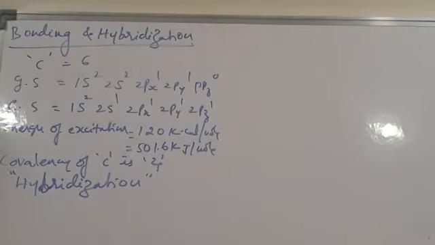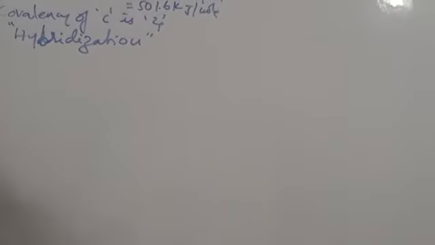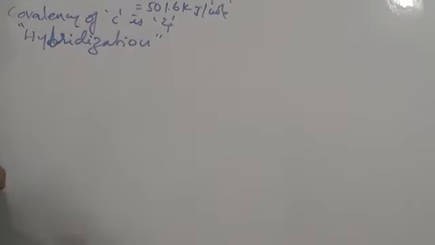Hybridization is a phenomenon that takes place with intermixing of atomic orbitals to form hybrid orbitals, which are equal in number to the intermixed atomic orbitals. A new set of hybrid orbitals is formed due to the intermixing of atomic orbitals.